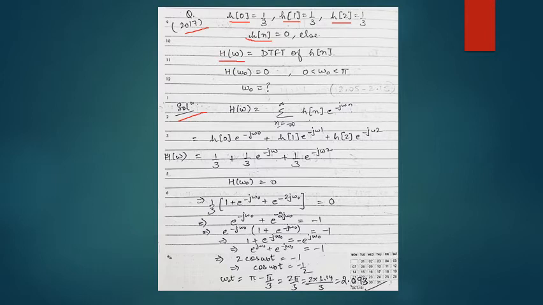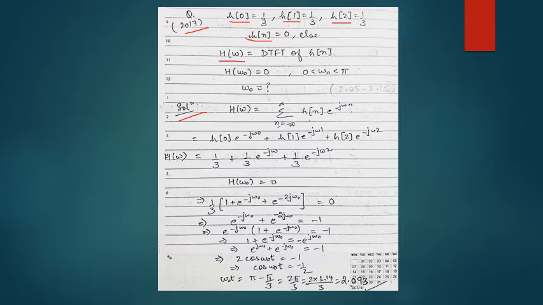Now we have to add all these terms and we get the final answer. We know that h of n exists at only 3 points, that is n equal to 0, 1 and 2, and at all other places it is 0. So the summation will finally contain 3 terms only.